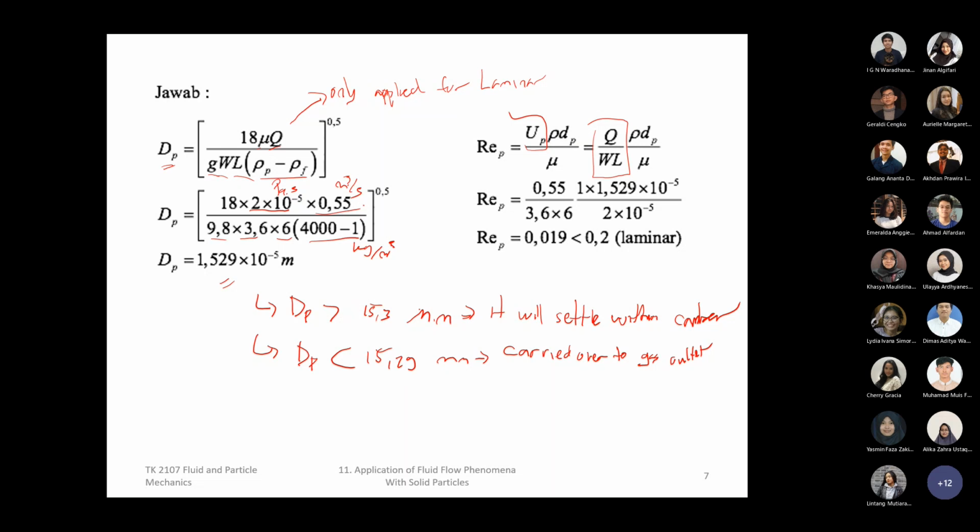Because that's the cubic meter per second, that's the meter square of the surface area, towards the vertical velocity. Then you use the threshold dp from your calculation. Okay, then you can confirm the Reynolds number.